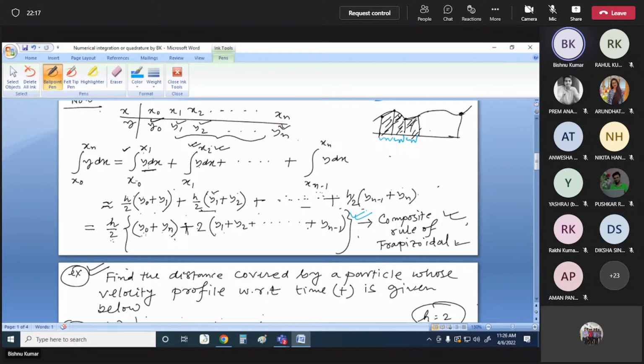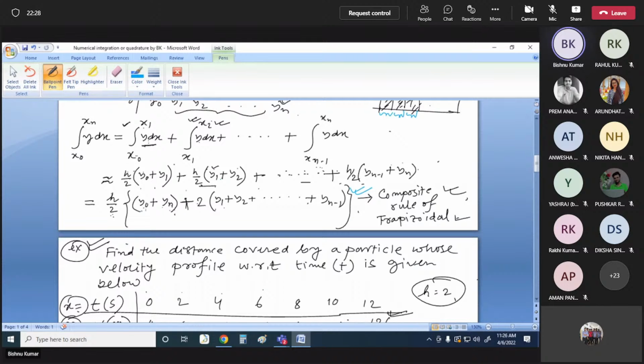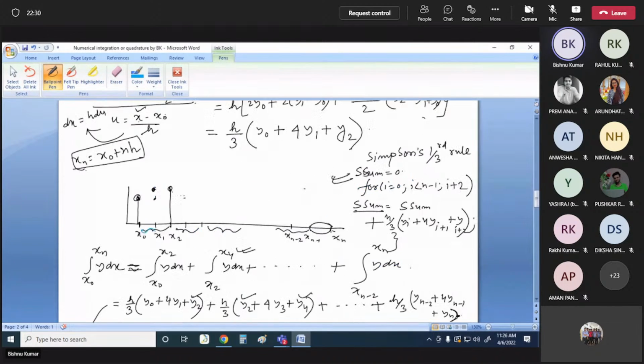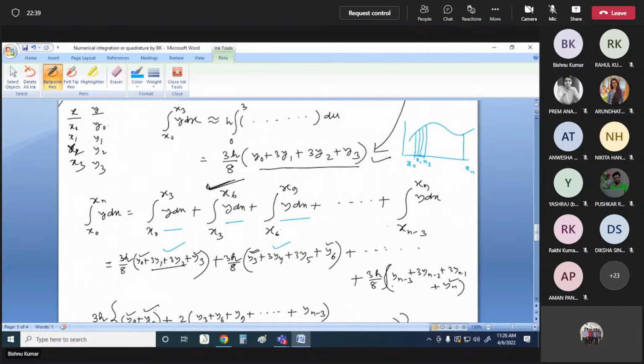But Simpson one-third rule needs an even number of subintervals, because here you are considering two subintervals. Simpson 3/8 rule is applicable for a multiple of 3 number of subintervals. Is the logic clear? Yes.